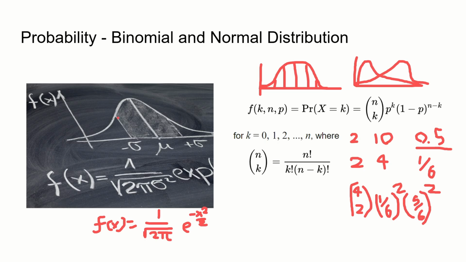But then if we want to find the probability of getting a value or less, so let's say, what's the probability of getting 1 standard deviation or lower? So lower than a standard deviation away.